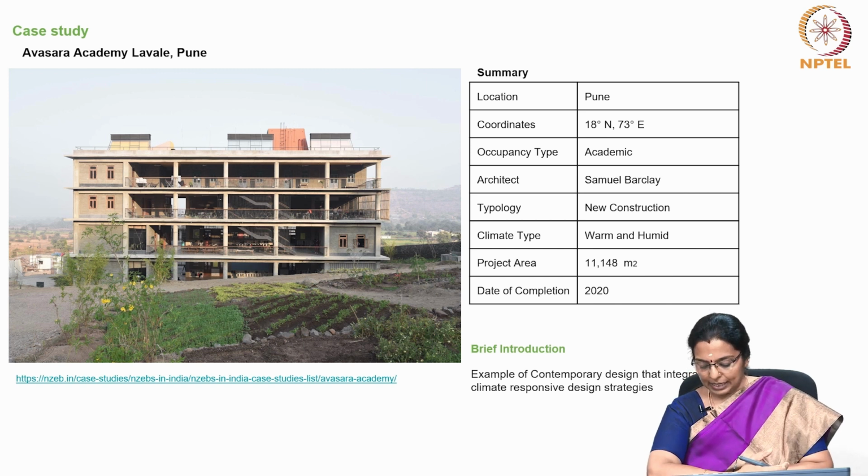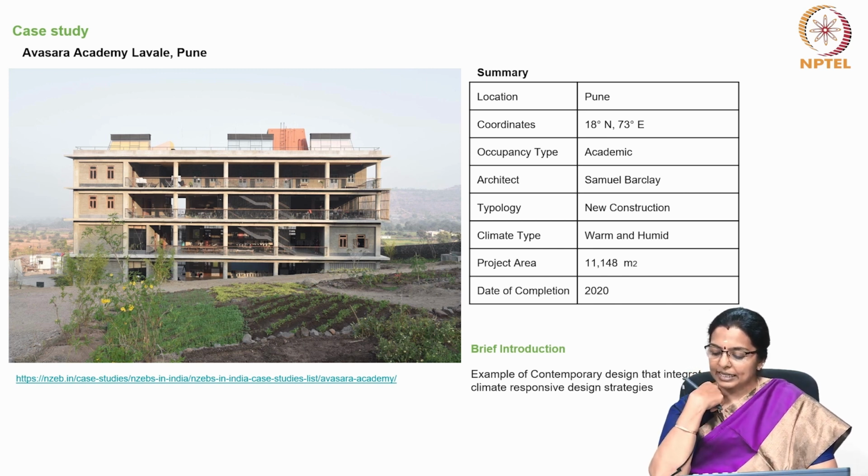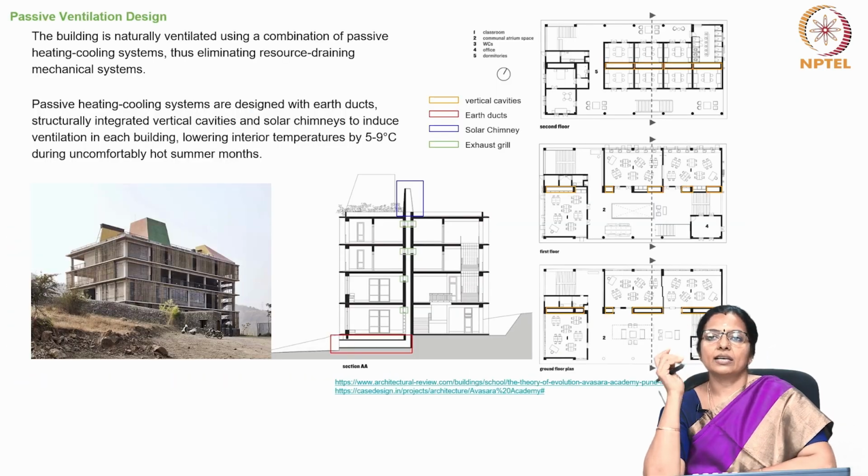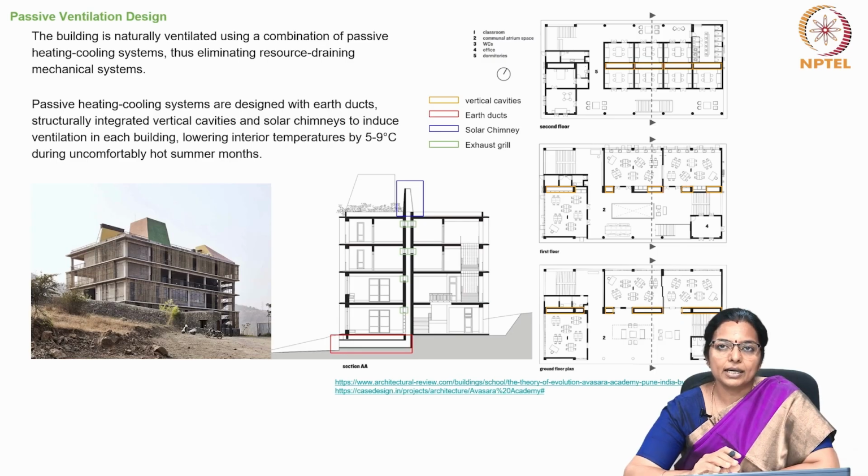So, this is an example of a contemporary design that integrates climate responsive design strategies. This building is a naturally ventilated building, and it uses a combination of passive heating and passive cooling system, thus eliminating resource draining mechanical systems.